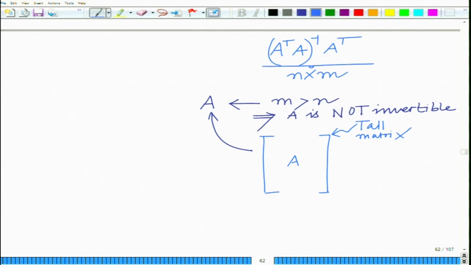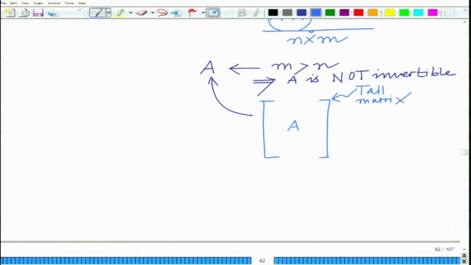A non square matrix obviously does not have an inverse, but you can observe a very interesting aspect.